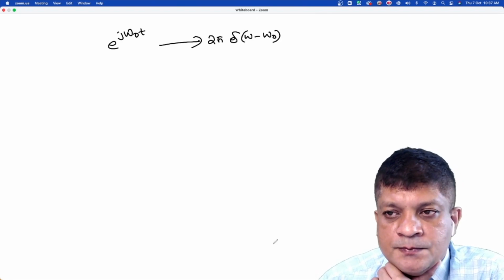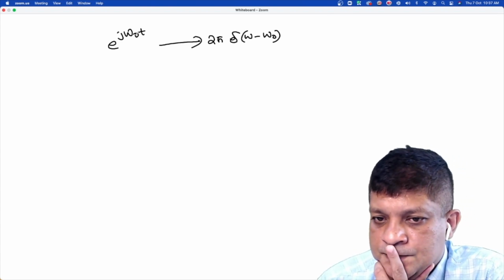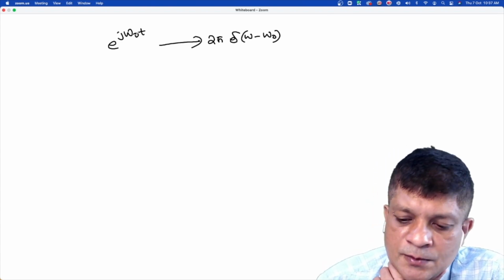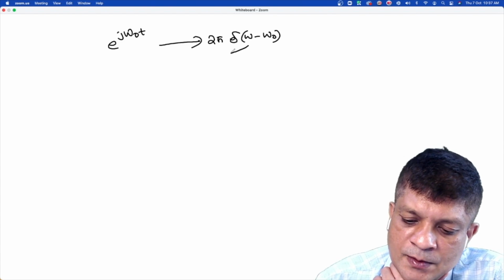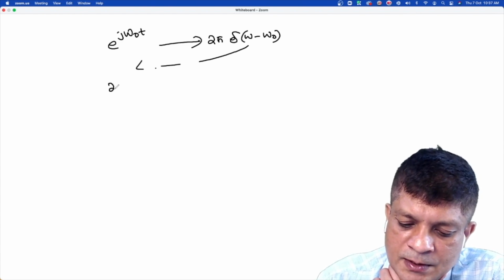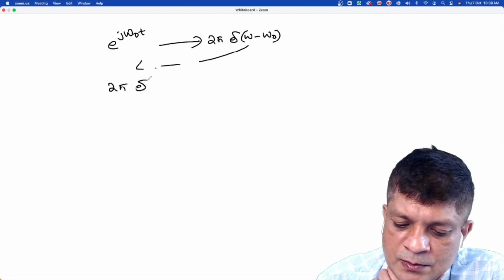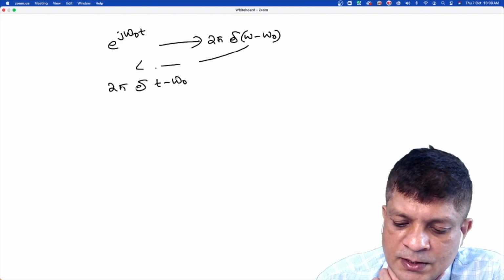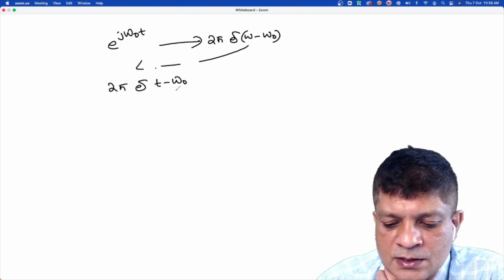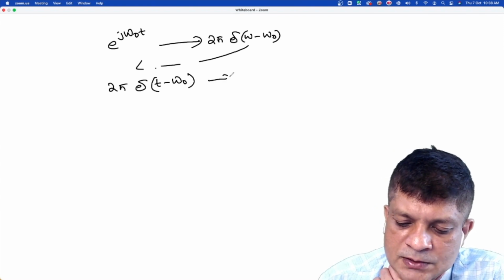Here omega naught is a constant. Now what is the dual of this? Duality property. You have to consider this in the time domain: 2 pi into delta(t minus omega naught). Omega naught is a constant.